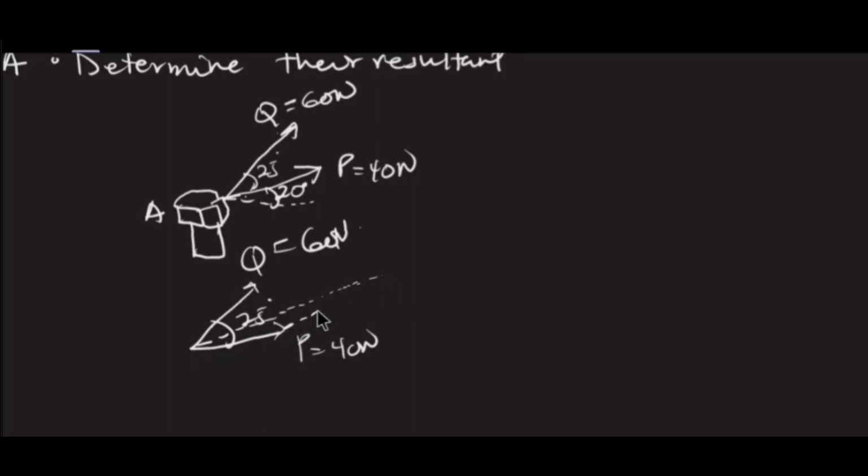Then remember, in a parallelogram, this side Q is the same as here Q, and this side P is the same as here P. Also, any two adjacent angles sum up to 180, so our portion here is going to be 155, since 25 plus this will give us 180.